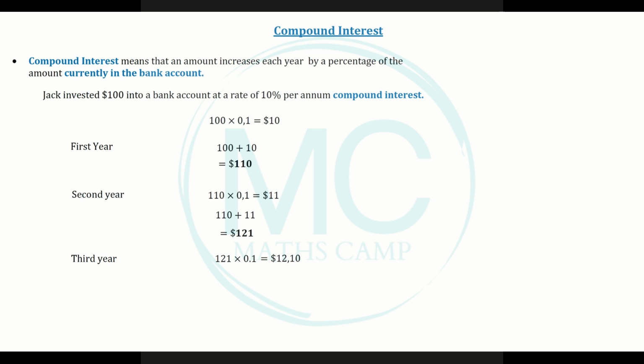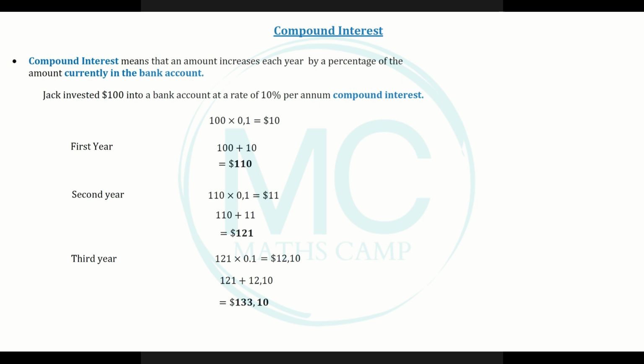So let's add it to the existing amount, and we say 121 plus $12.10, and we get $133.10. This is the amount that Jack will have after 3 years.